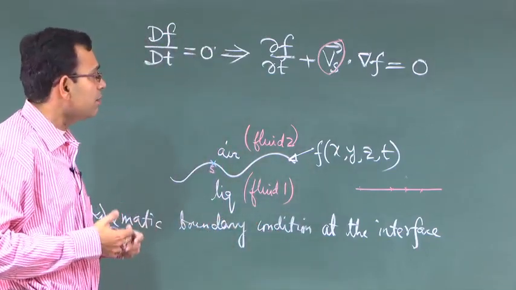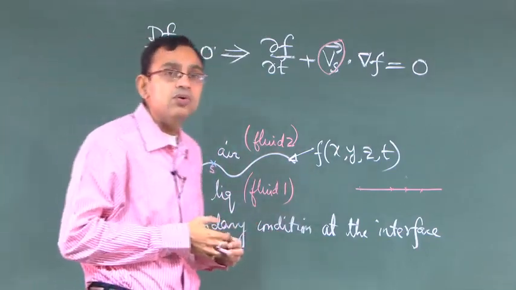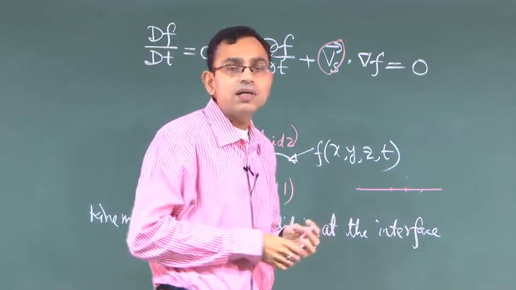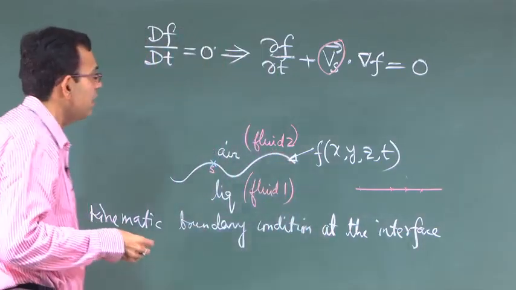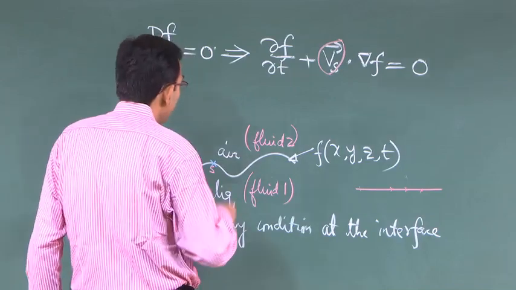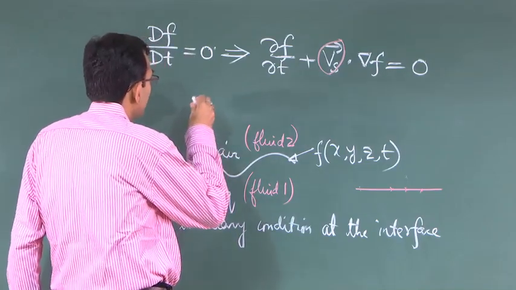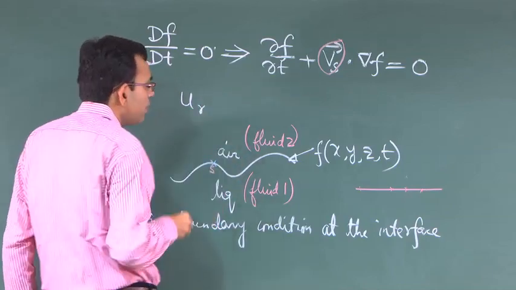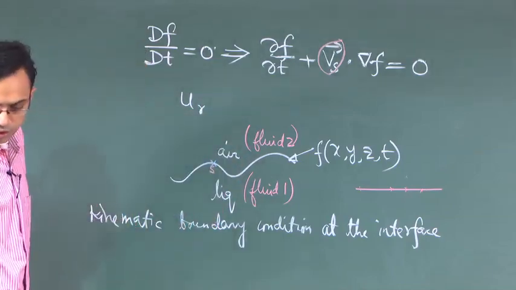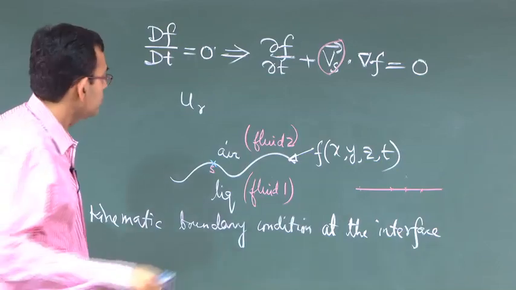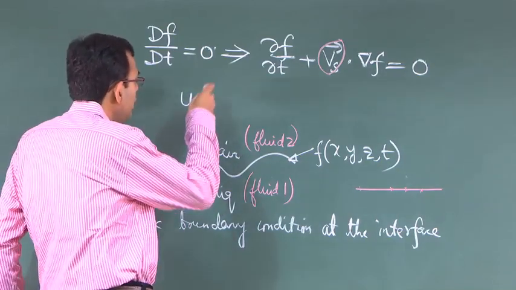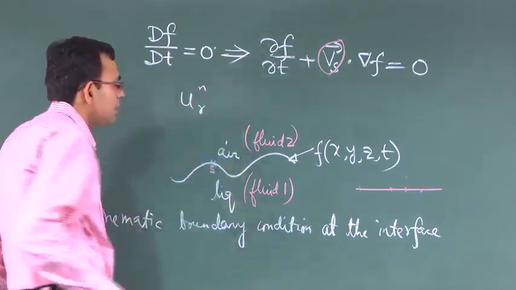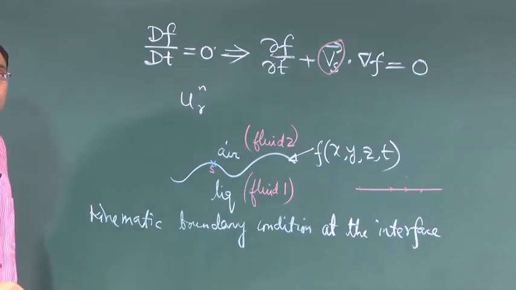But when there is a mass flux across the interface, what will you do? You have to find out what the mass flux across the interface is. Now, let us say that Ur, in the normal direction, is the net velocity across the interface.